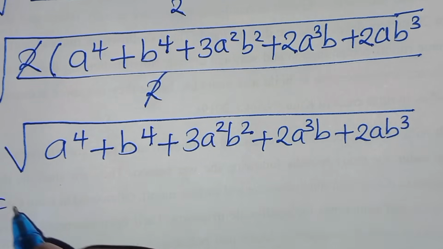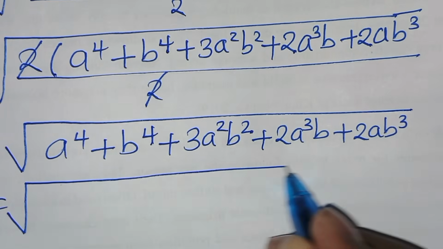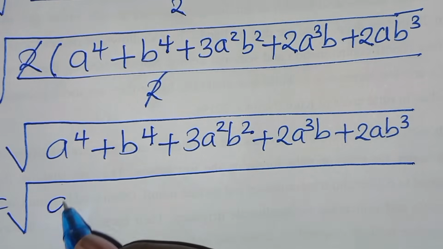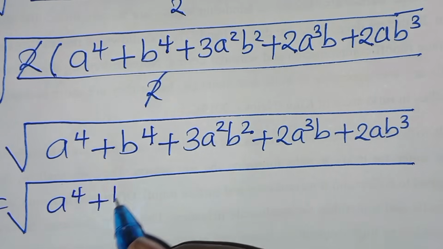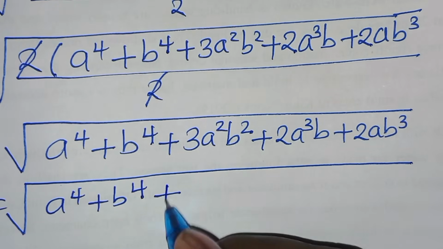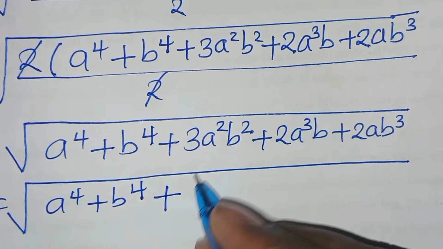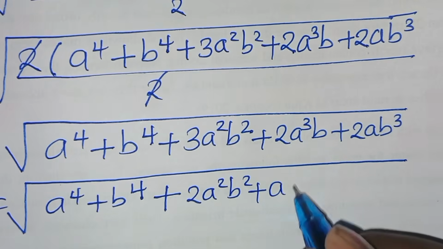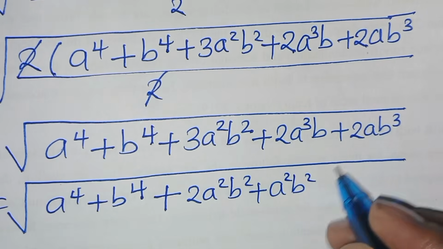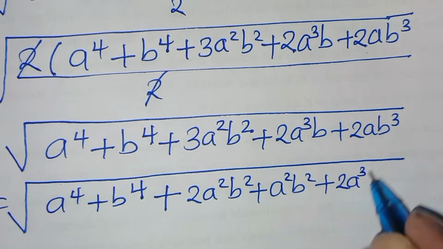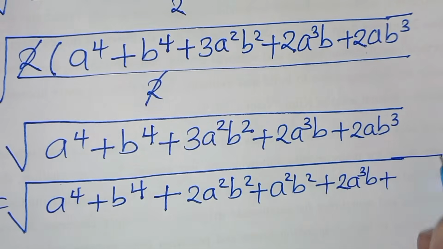So the next step here, we can express this as the square root of a to power 4 plus b to power 4, and then plus, we can express this as 2a squared b squared, then plus a squared b squared, then plus 2a cubed b, then plus 2ab to power 3.